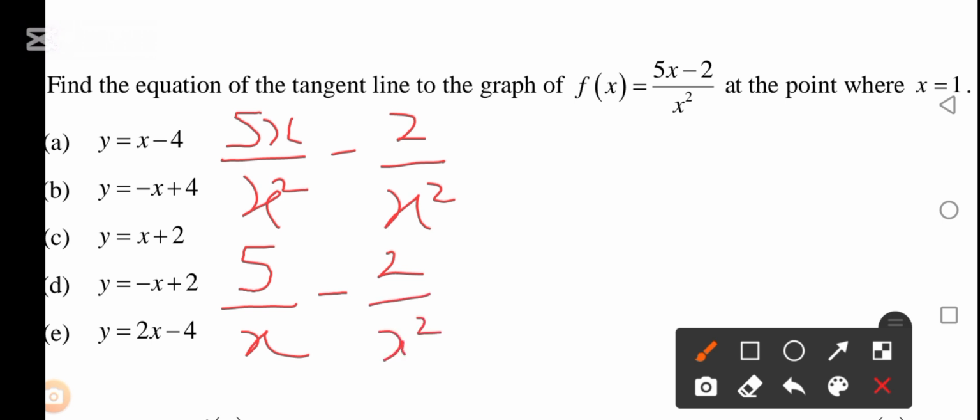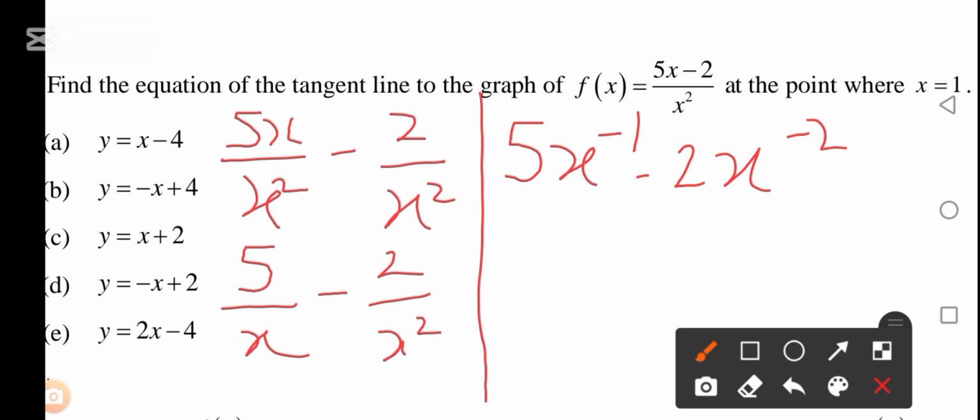And furthermore, we can write this as 5x to the power of negative 1 minus 2x to the power of negative 2. This application is from indices, whereby the denominator is raised to the power of negative.